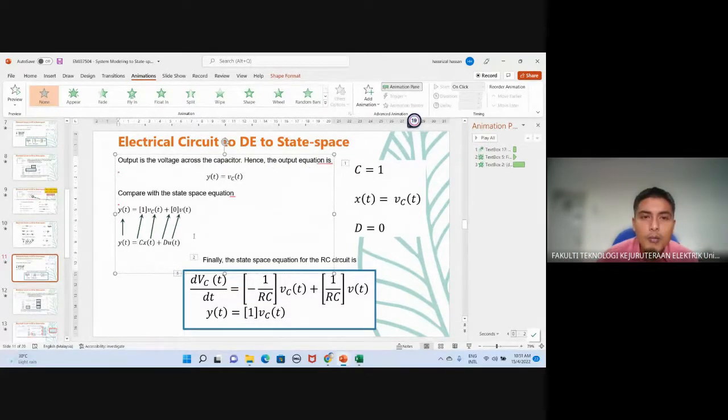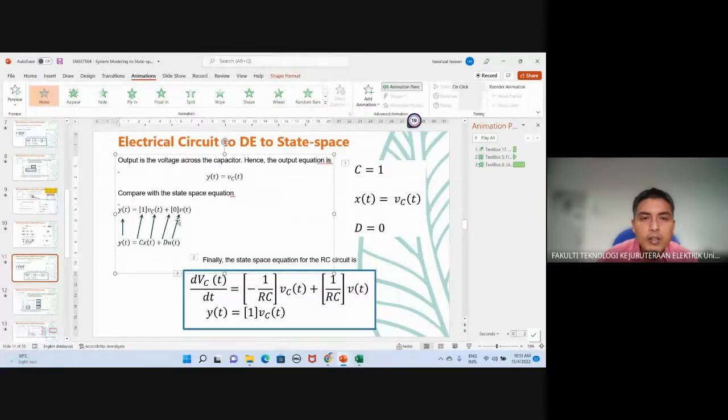Based on the state space equation, y(t) equals Cx(t) plus Du(t), right? However, our equation here is y(t) equal to Vct, so I just put it here. Why do I say that D equals 0? Because y(t) only equals Vct, there is nothing else here.